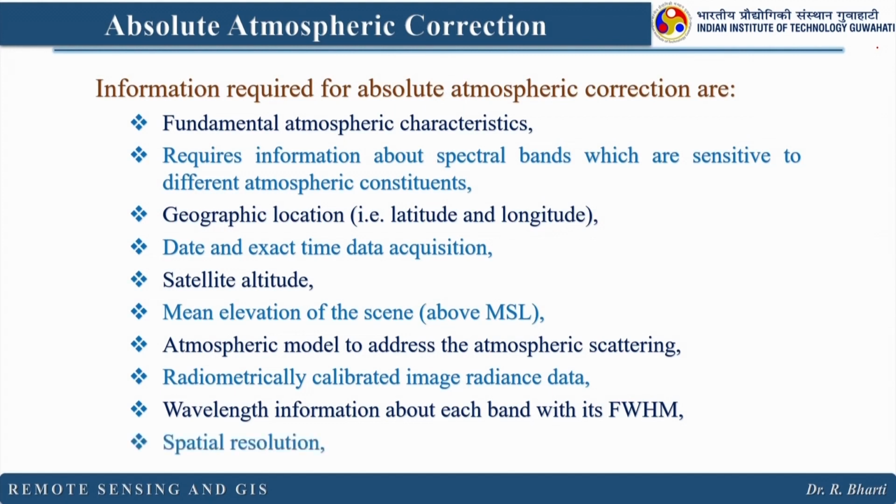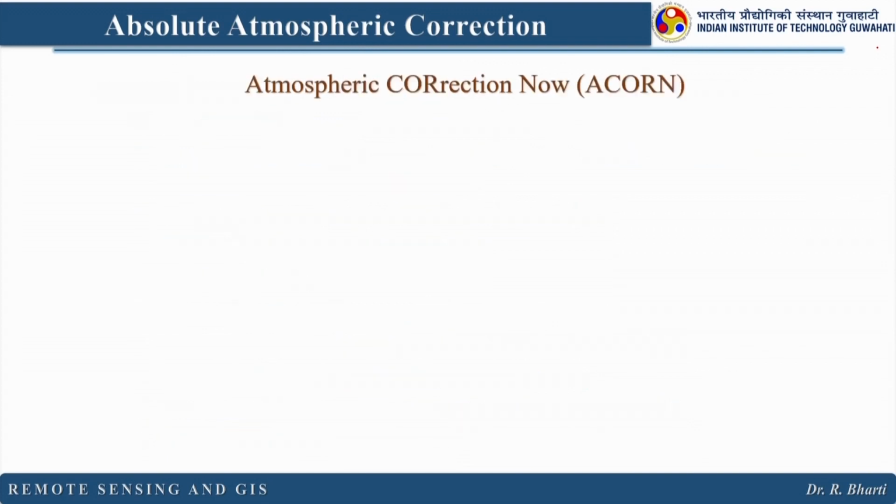Then spatial resolution, what is the spatial resolution of your image. So these are some of the important parameters listed here which are required in order to do absolute atmospheric correction for any given satellite image.